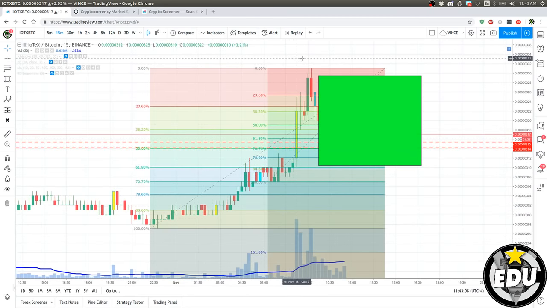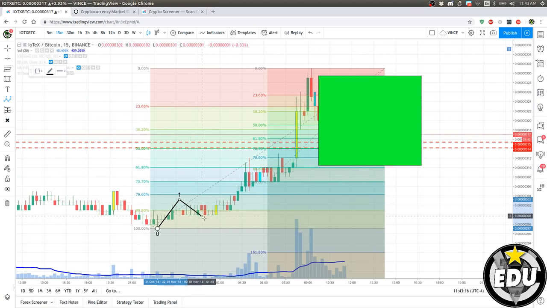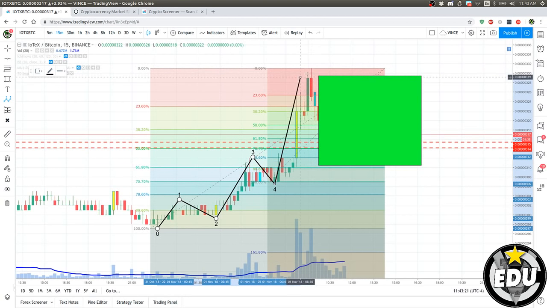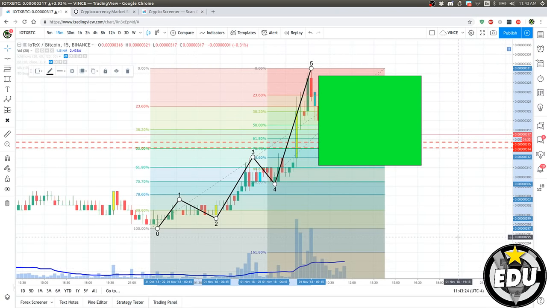So probably the third push is the one that has the highest retrace in most cases. So if I trace some kind of three waves here, I'm expecting a correction. This correction, where can it drop? Can drop to 50% or 70% of the last wave.